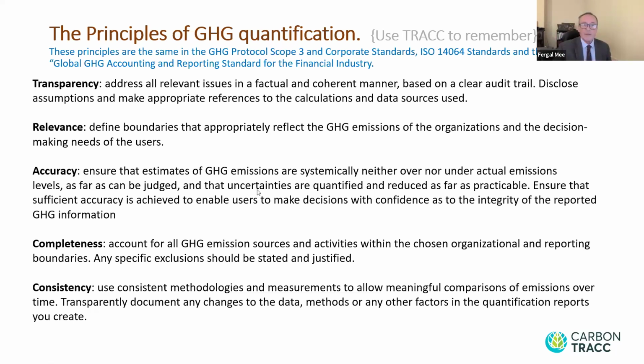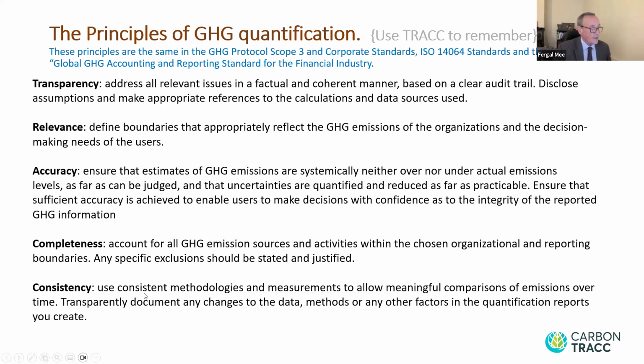But then there are model uncertainties and parameter uncertainties, which we can have a degree of control over by ensuring that our instruments are properly calibrated or within their calibration schedules or frequencies. Completeness: we account for all emission sources and activities within our organizational reporting boundaries. If we exclude any greenhouse gas emission, we should state why and justify the reason for excluding those Scope 3 emissions, for example.